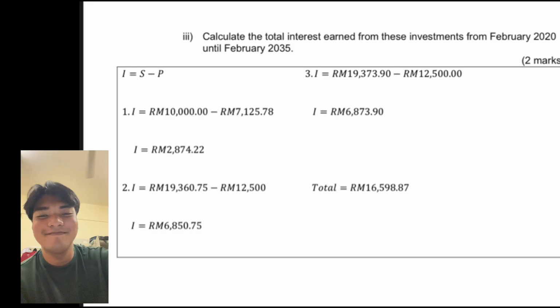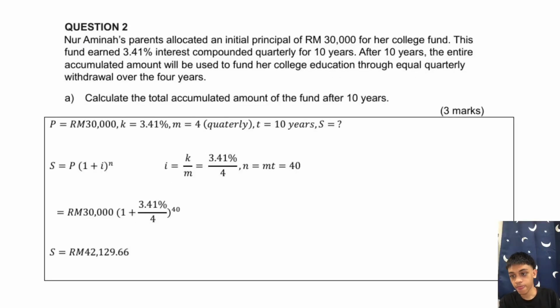Thank you. For question 2A, you need to calculate the total accumulated amount of the fund after 10 years. First, you need to gather all the information, the numbers, to solve this question, and I will be using the formula S equal to P(1 plus I)^N.